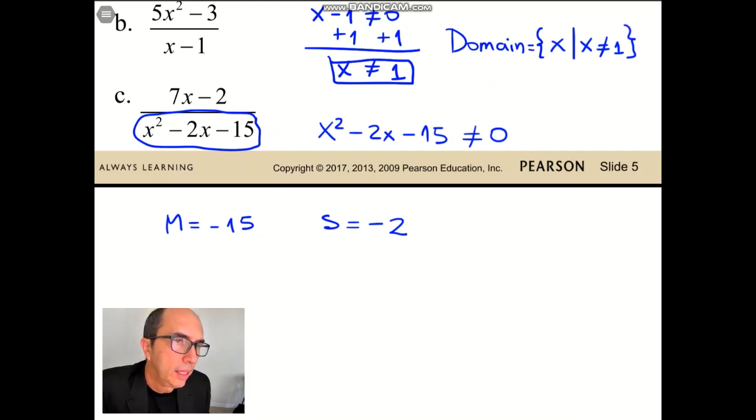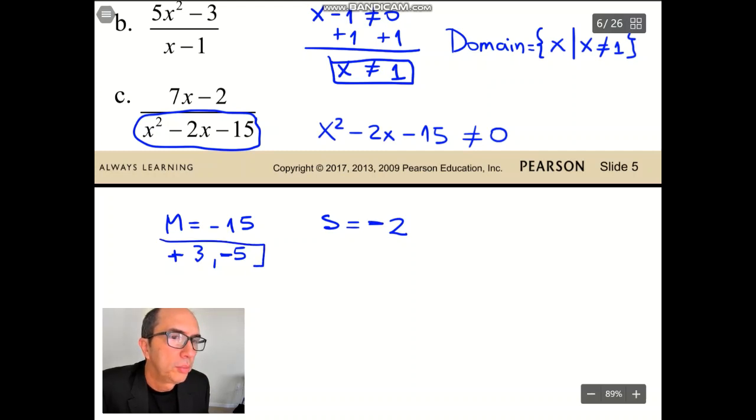And I can think right now about positive 3 and negative 5. If you multiply positive 3 and negative 5, you're gonna have negative 15. And if you add positive 3 with negative 5, we're gonna have negative 2.